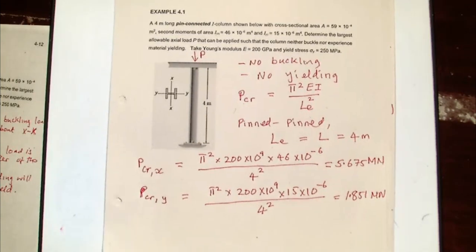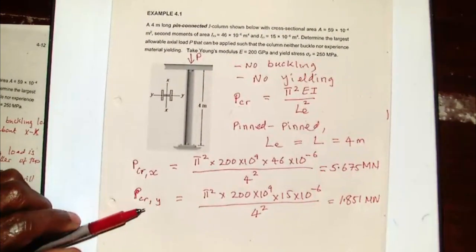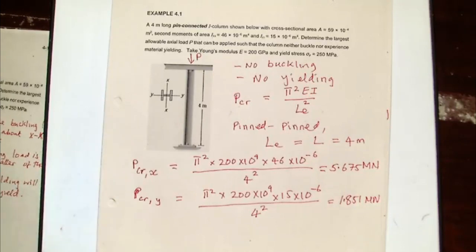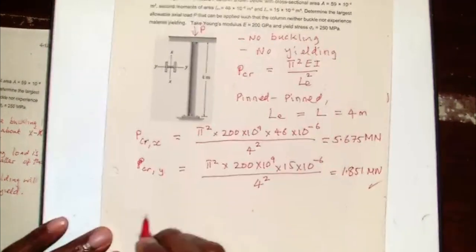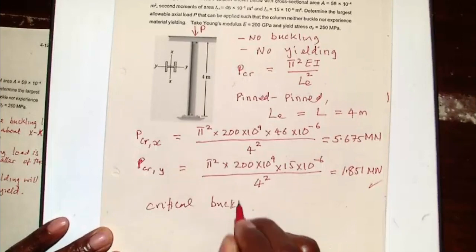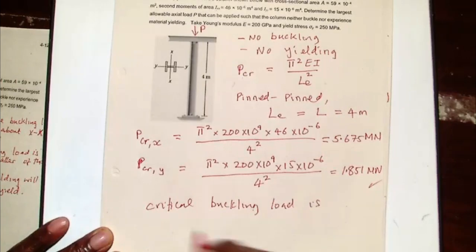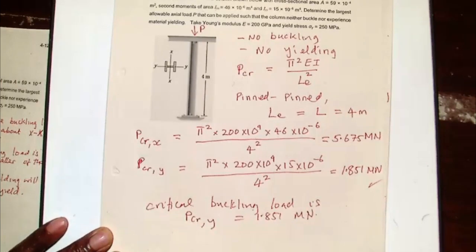So now we've got those two loads. It's very clear that the load required for it to buckle about YY is less than the one to buckle about XX. So if this is going to buckle, it's going to buckle about that. So I will say the critical buckling load is P critical Y, which is 1.851 meganewton.